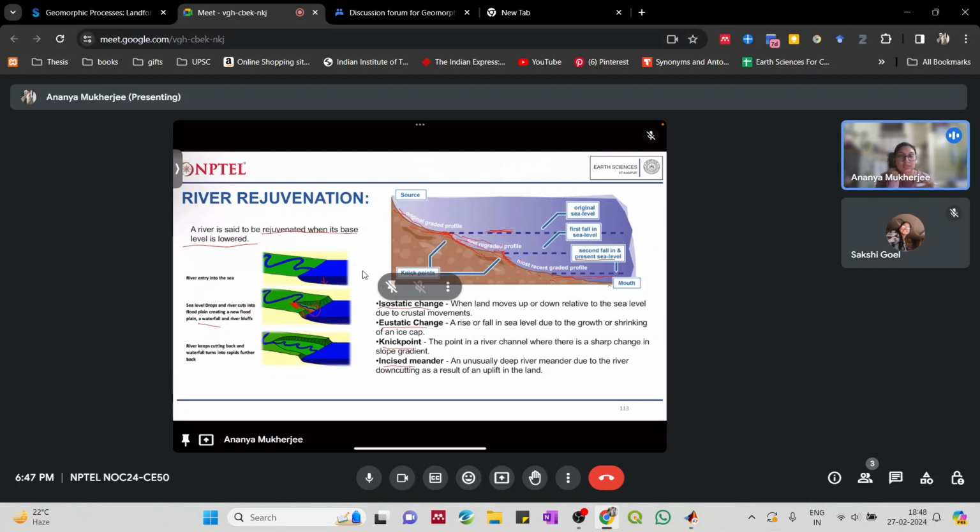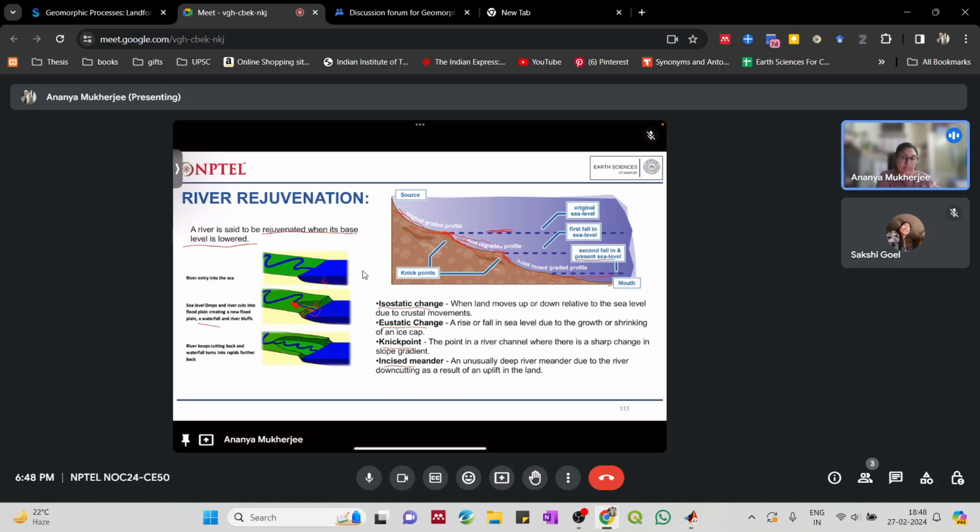Then you have the eustatic change, which is due to the rise and fall of the sea level as a consequence of the glaciers melting, either lower melting causing a shrinkage of the glaciers, or a rise in the sea level due to more melting of the glaciers.